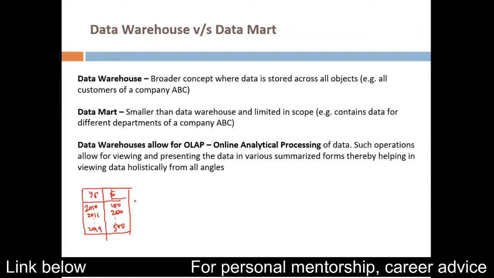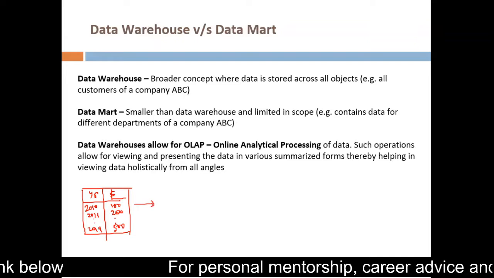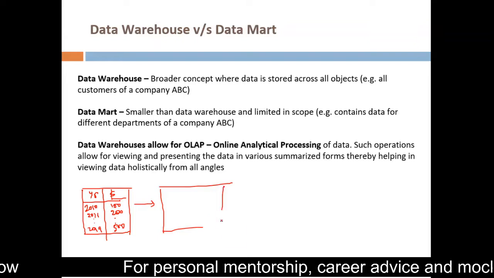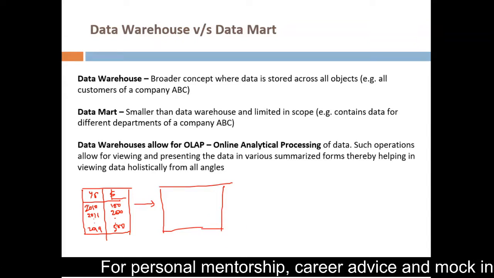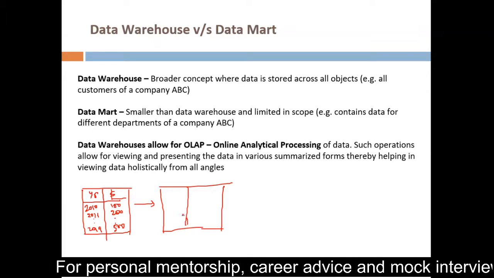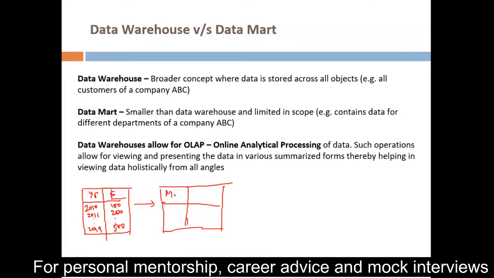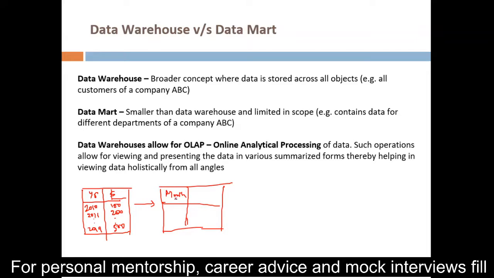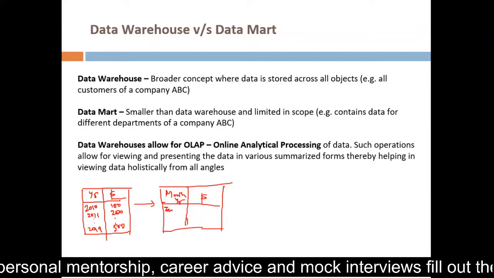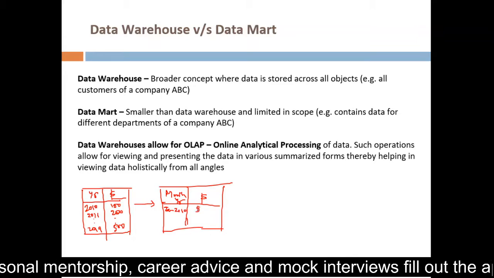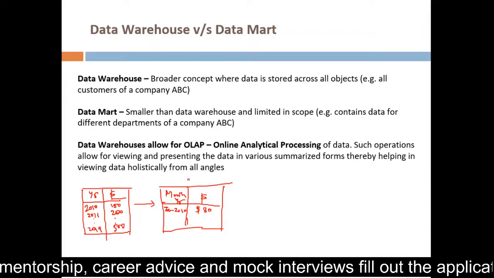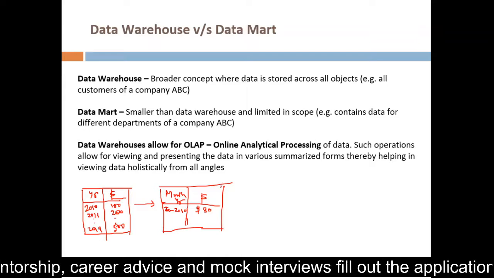Now how a data warehouse would help you is if you wanted to look at a drill down version of this data, through this online analytical processing feature, you can look at a more customized view of the data. For example, you are now looking at month of the year and dollar sales. So you're looking at Jan of 2010 and you see that the dollar sales is maybe 30. This kind of flexibility is offered through the OLAP technique on data warehouses.